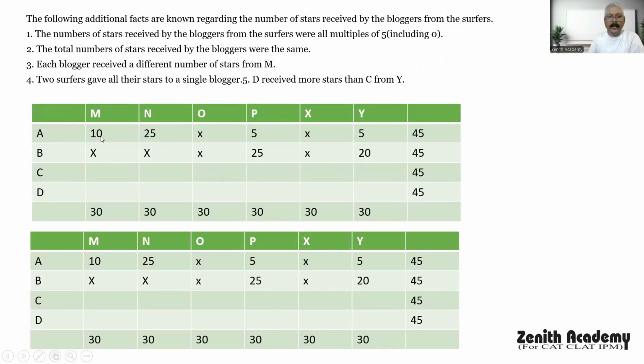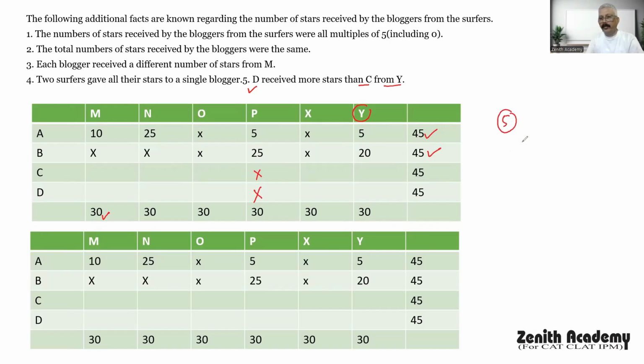So let's see the final presentation. Look here. Blogger A is receiving 10, 25, 5, 5, which totals 45. B also 45. M has 30 stars, and here 5, 25, 30. So cancel out this and this. And here 5, 25, and so 5 is left with Y. Let's see number 5, D receives more stars than C from Y. So Y distributed 25 stars and has only 5 stars now.